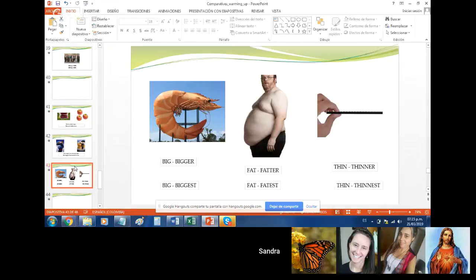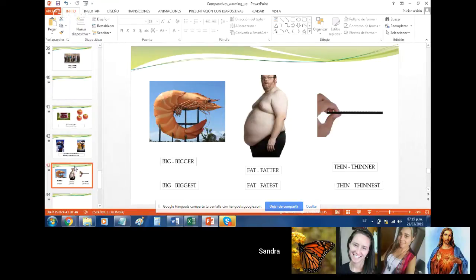It happens with all kinds of just one syllable adjectives. If it has one syllable, one vowel, and two consonant sounds, we double the last letter.